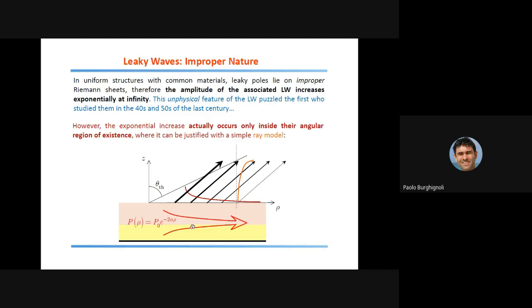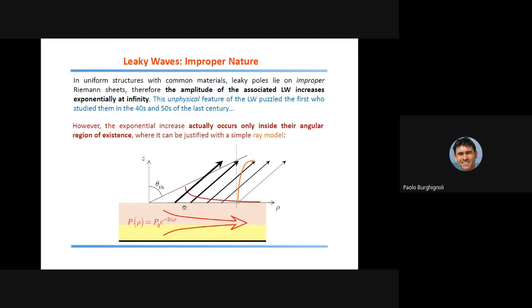So if the field decays with alpha, the power decays with 2 alpha. Now consider the rays that emanate from the upper interface and go in the upper medium because of radiation. Then the ray that emanates from this point here close to the source contains some power, but the ray that comes next will contain less power because something has been radiated before, and so on.